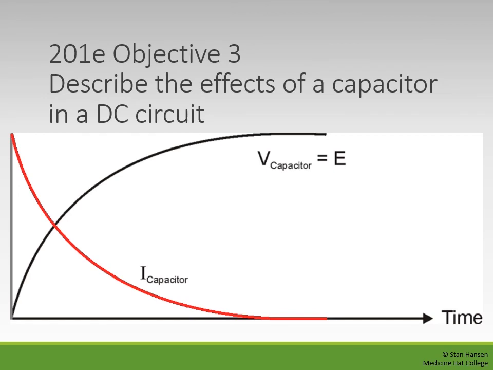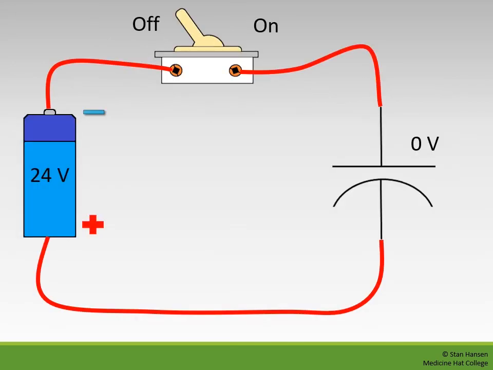Our next objective is to look at the effects of a capacitor inside a DC circuit. When we put a capacitor into a DC circuit, the capacitor is going to gain enough charge to equal the source voltage. Once the capacitor reaches the same potential as the source, the charging will stop. To begin, with our circuit in the off position, our capacitor will have 0 volts across it.